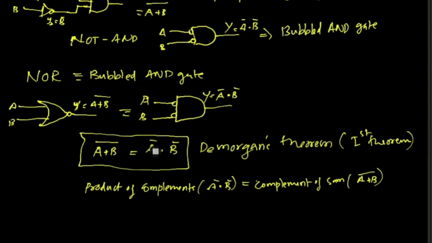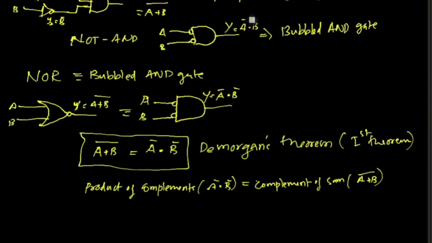So far we have discussed the exclusive OR gate, NOR gate and De Morgan's first theorem in this video. Now in the next video we will discuss the NAND gate and De Morgan's second theorem.